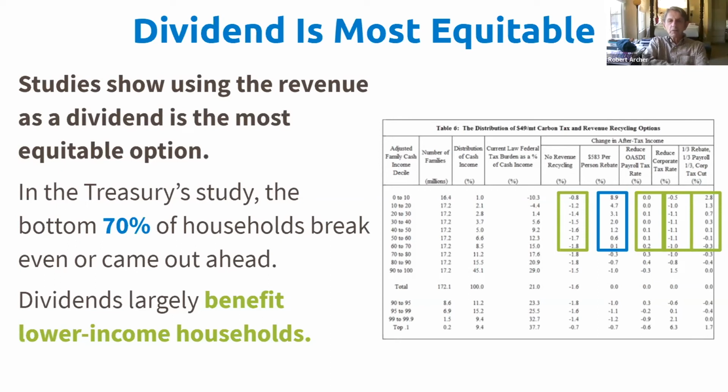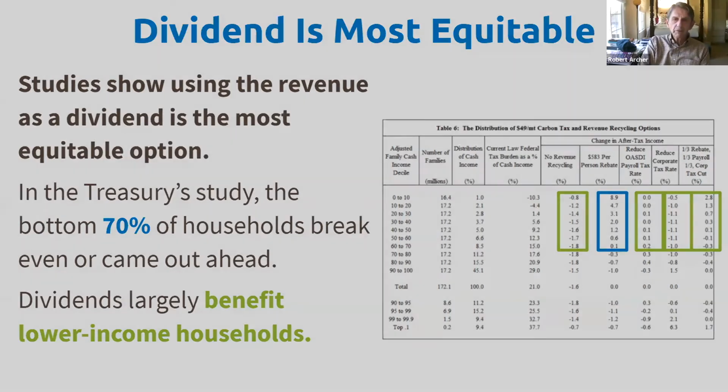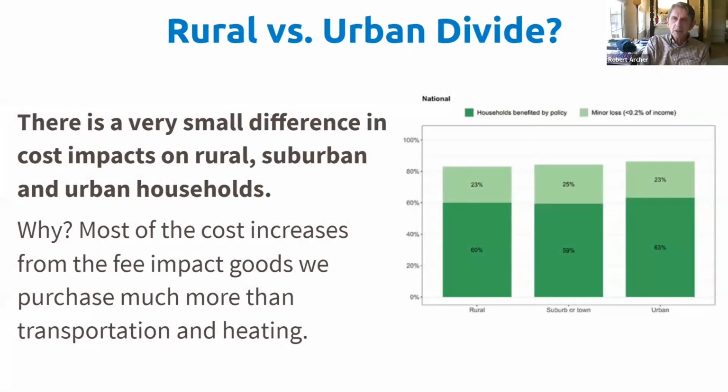I mentioned earlier this issue about rural versus urban divide. There's a perception and a narrative that says rural households are disproportionately affected by the fee because they drive more. But the CCL household impact study shows there's very little difference among rural, suburban, and urban households.